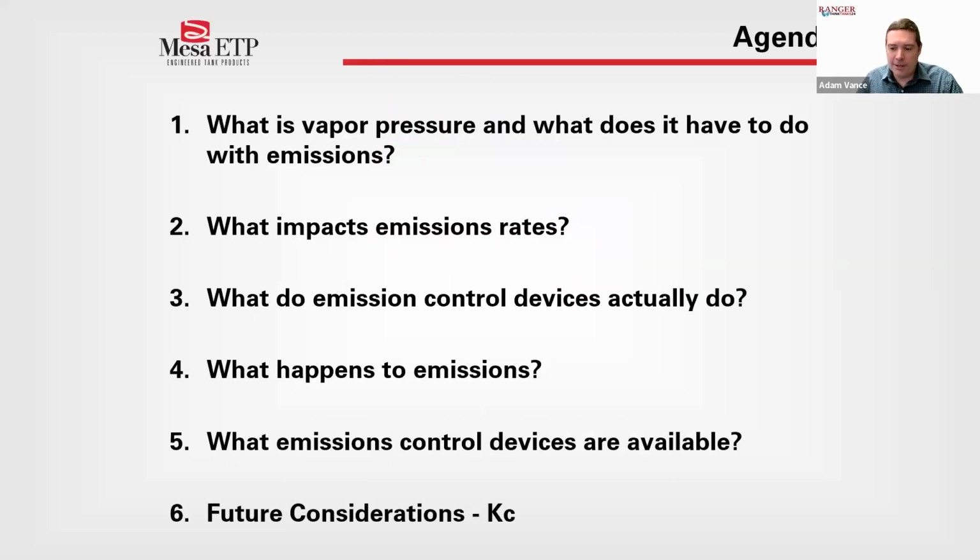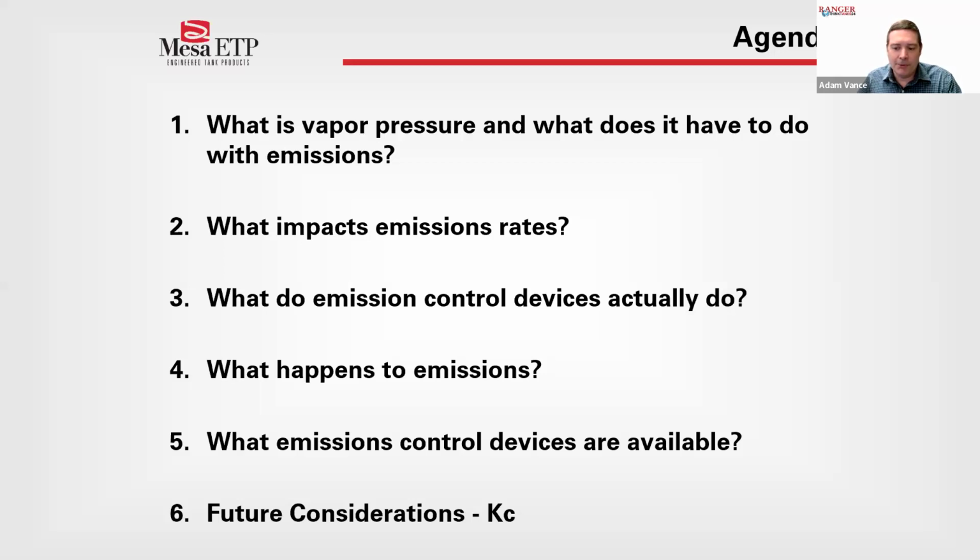So our agenda today, we'll go over several things pertaining to emissions control. The first thing we'll talk about is what is vapor pressure and what does that have to do with emissions? What impacts those emissions rates will be our next item. Third item is what do emissions control devices actually do? Do we understand how they're actually working and what kind of problems they're actually solving?